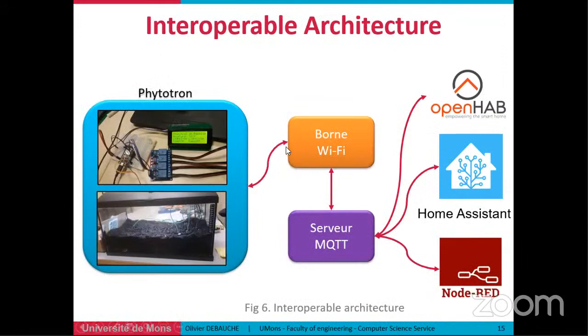So the interoperable architecture that we have used: we have implemented our prototype, and we have connected it through Wi-Fi to send data to the Mosquito broker, or MQTT server, and then we can visualize the data shown in the Mosquito server by using Open Hub, Home Assistant or Node-RED.